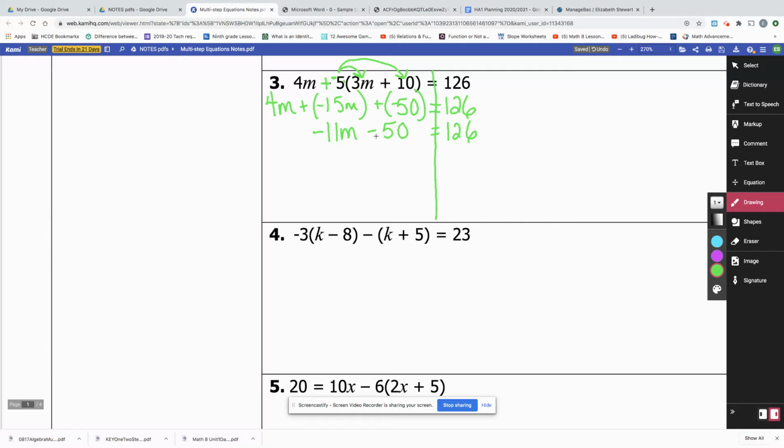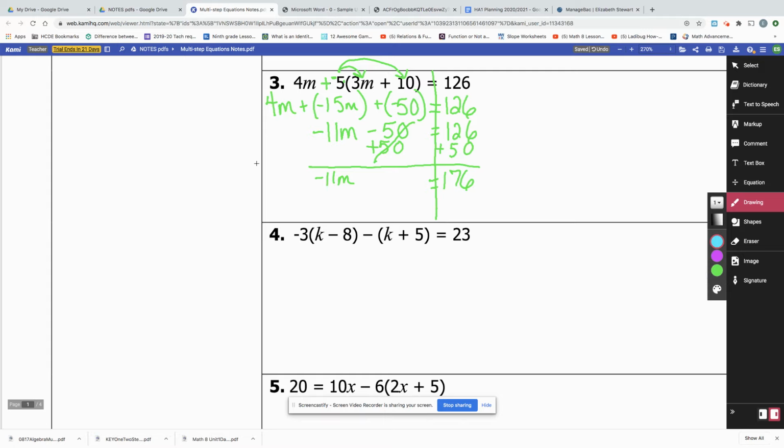Now I'm ready to use additive inverse. I notice that the term negative 50 on the left is a constant, so is the 126. So I want to get those constants all to one side and keep the variable on the opposite side. So then I have negative 11 times m, and that zeroes out, is equal to 176. Now I'm ready for multiplicative inverse.